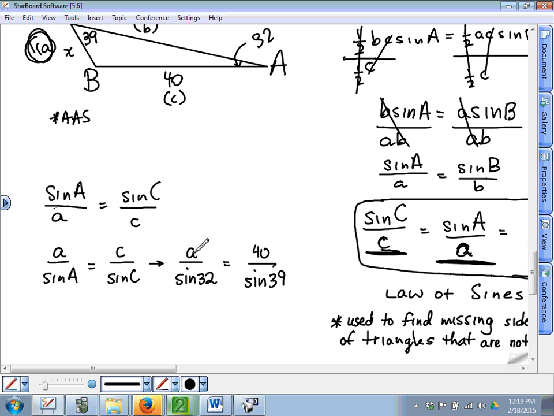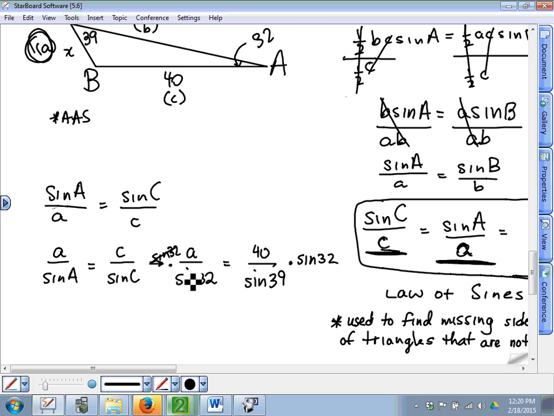Now, we're looking for side A. Yes? Right now it's being divided by the sine of 32. So how do you undo division? You've got to multiply this side by the sine of 32, and then multiply over here by the sine of 32.